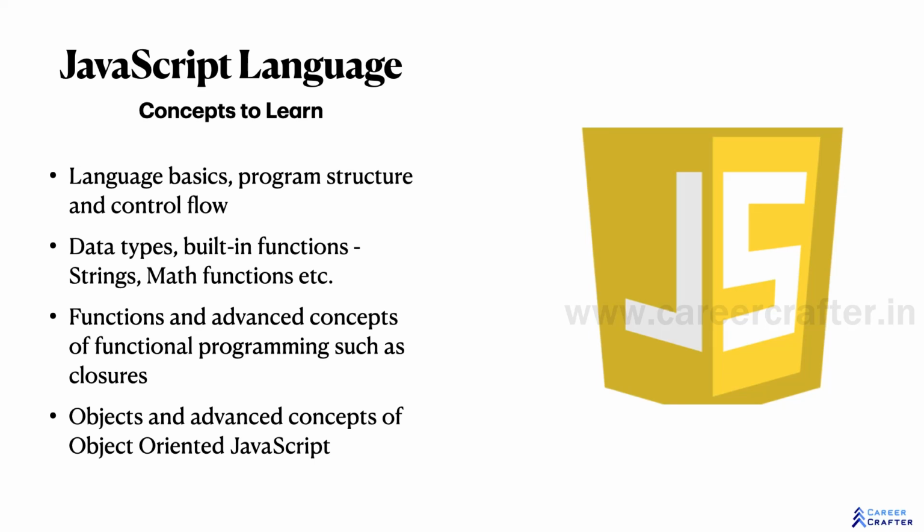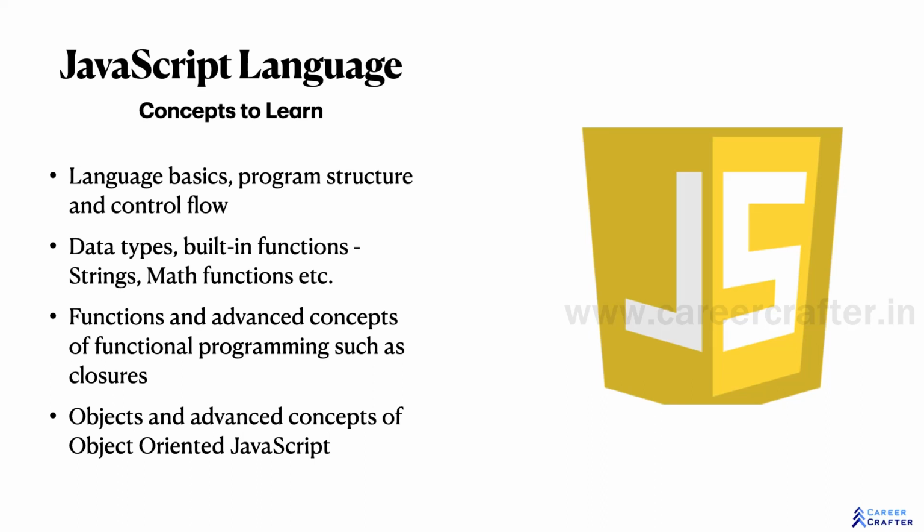But in addition, one must also understand functions and the advanced concepts of functional programming such as closures, objects, and some of the advanced concepts of object-oriented JavaScript, including prototypal inheritance. These concepts are crucial to understand how Node.js works and to be able to use technologies based off Node.js effectively.